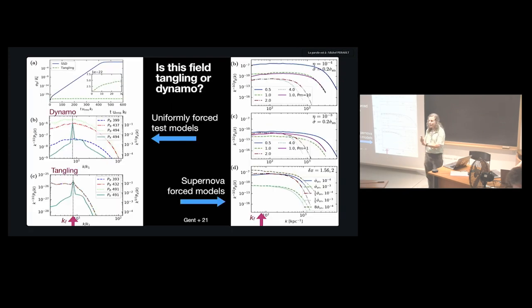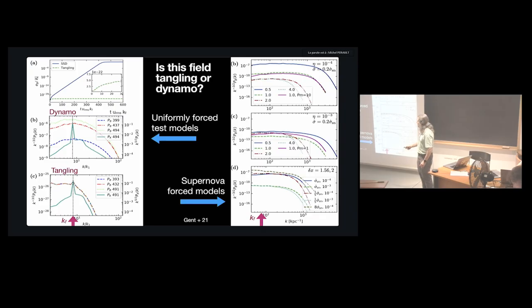Okay, I posed an intermediate question. Is this field tangling or dynamo? So we started with some toy models of uniformly forced boxes. And here is one where we suppressed the dynamo by increasing the resistivity so that we only had field tangling.